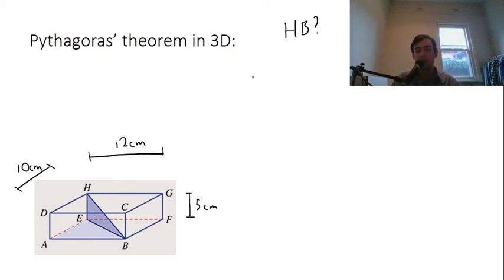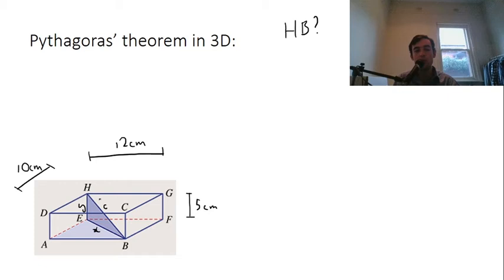Why don't I say that's C, and I say that's Y, and that's X. So we know that this squared is equal to this squared plus this squared.